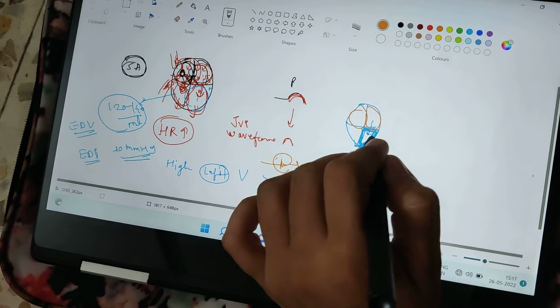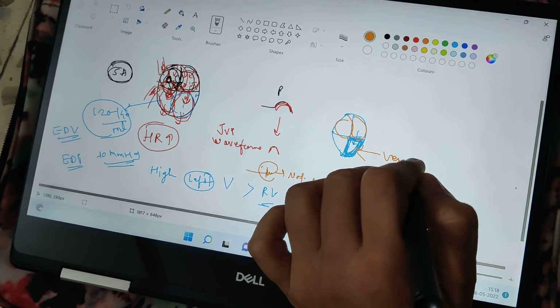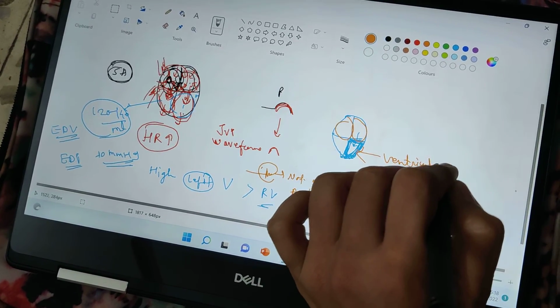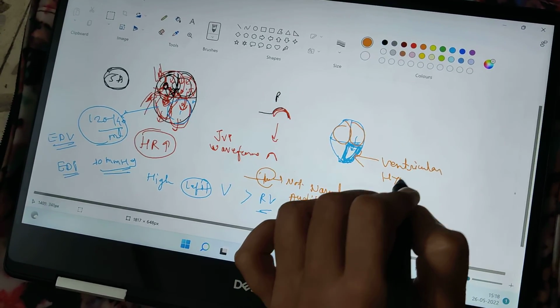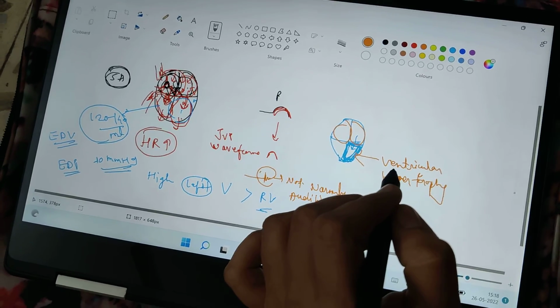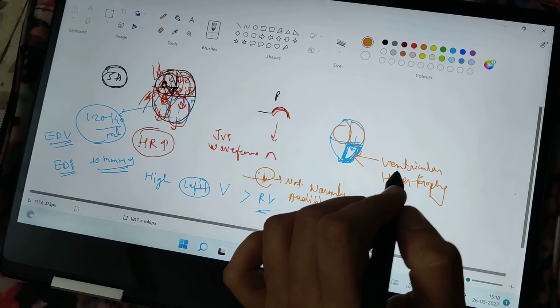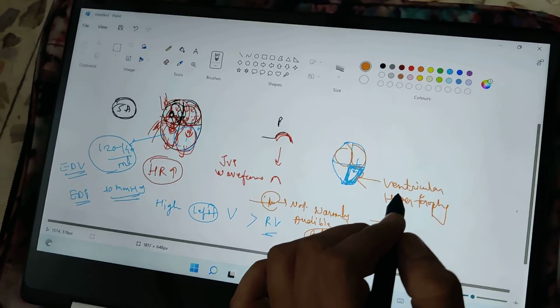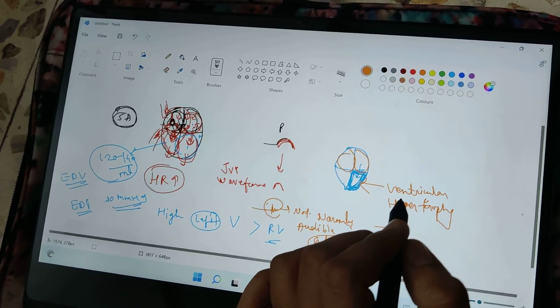It is only seen in ventricular hypertrophy. So this is the atrial systole, which is seen in the cardiac cycle.